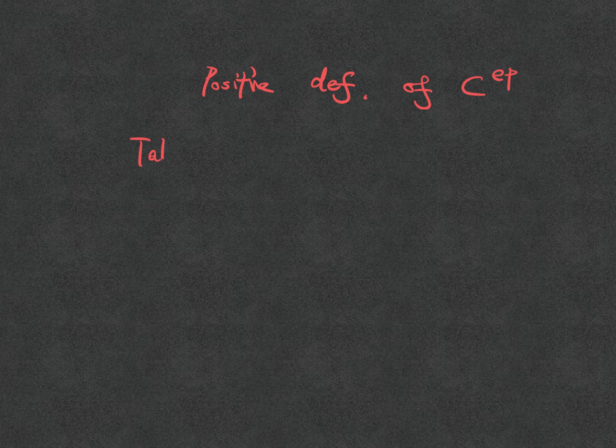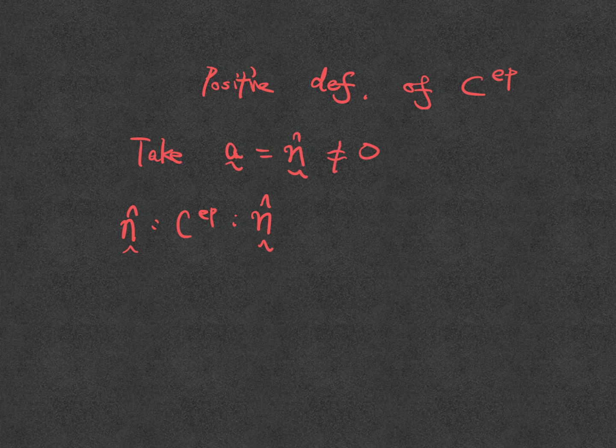Let's take the previous example and let's take A equal to N. So N double dot CEP double dot N. I just want to know what this is equal to, because N I know is not equal to 0.